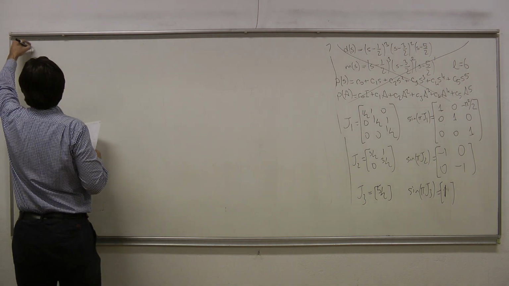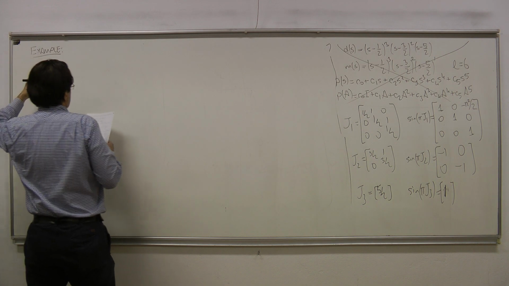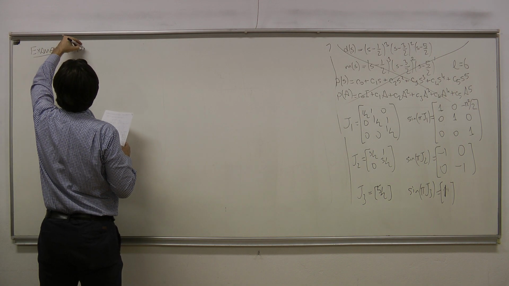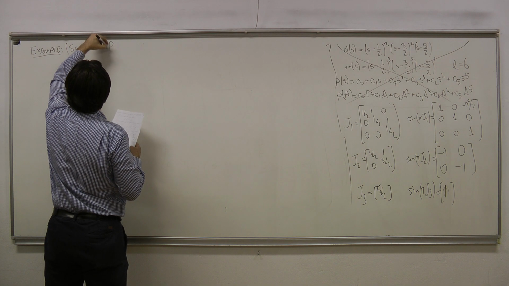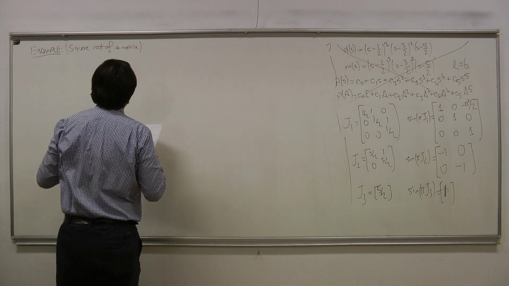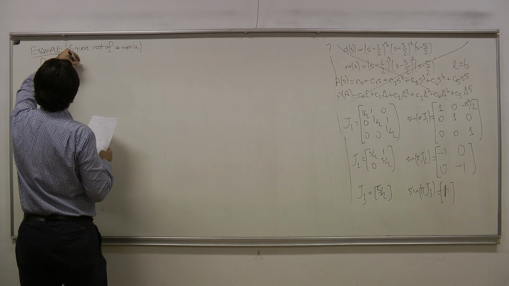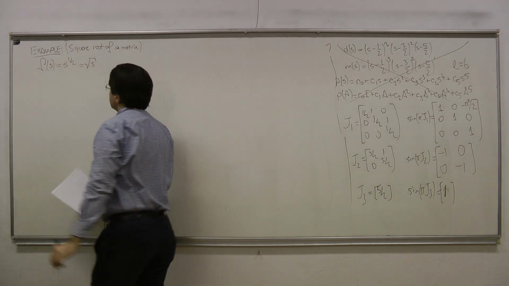This is the last example, by the way. So I have the square root of a matrix. In this case, I am of course considering f of s equal to s to the 1 over 2, or square root of s.